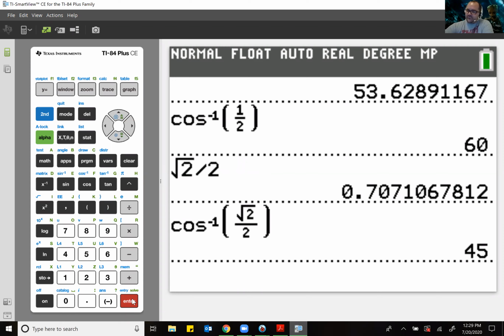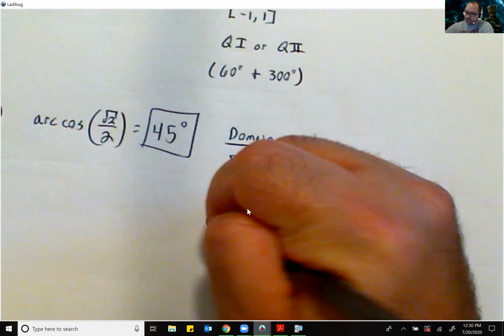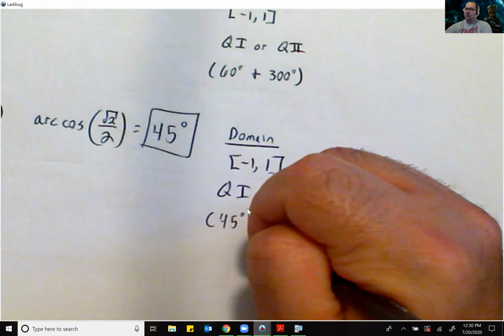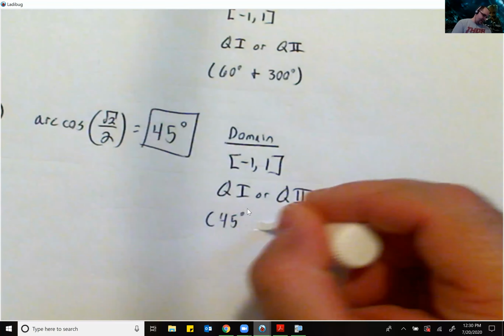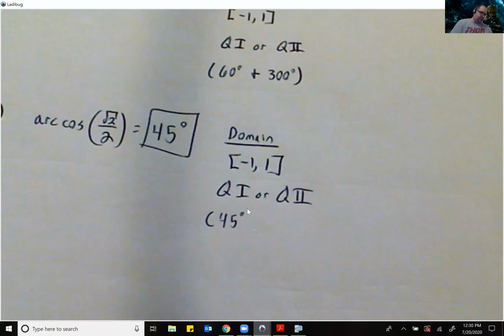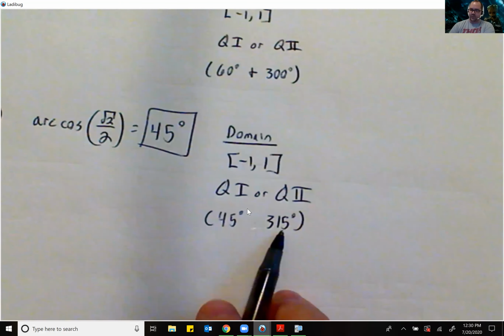The answer is 45 degrees because that's definitely in quadrant 1. But again, the reason why I put that is because there really are two angles, 45 degrees and the other angle where it is square root of 2 over 2 is 315 degrees, which we throw out because it's not in quadrant 1 or quadrant 2.